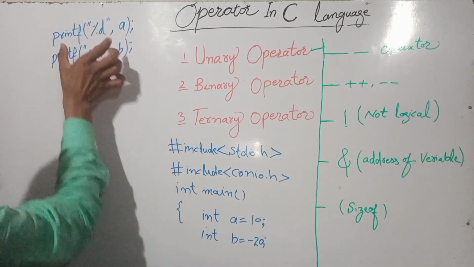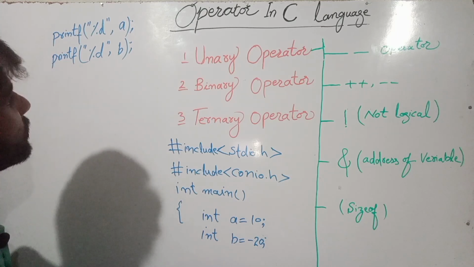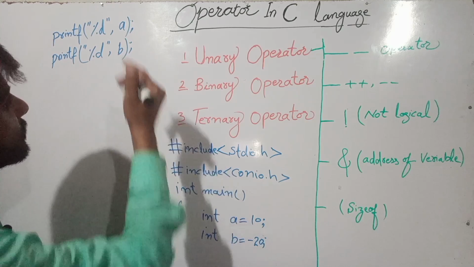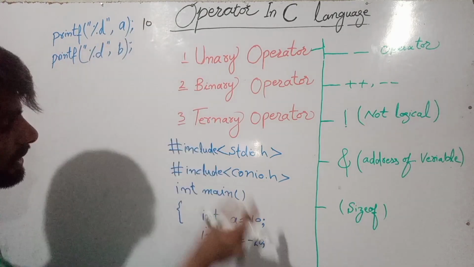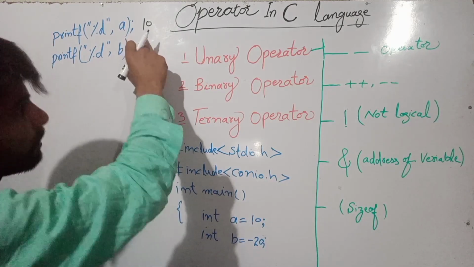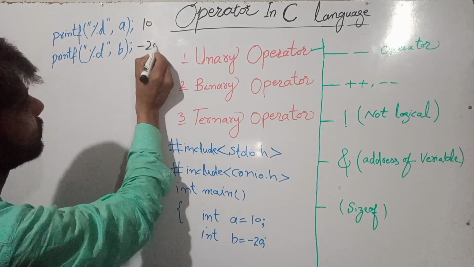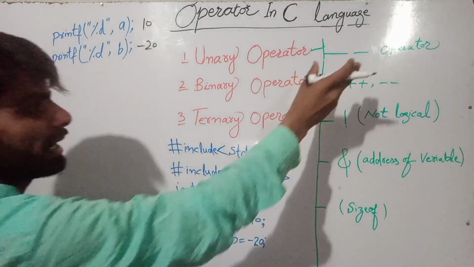What will be the output? The percent d format specifier is for integer values, so a prints 10 and b prints minus 20. This is before the negative operator.